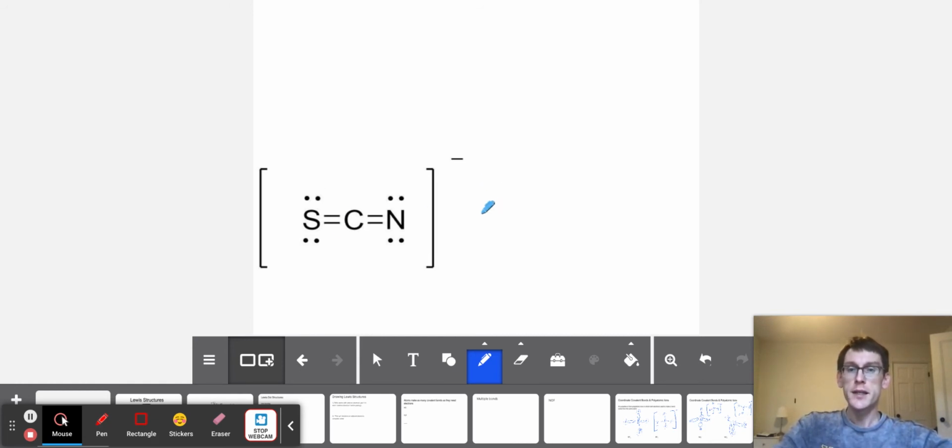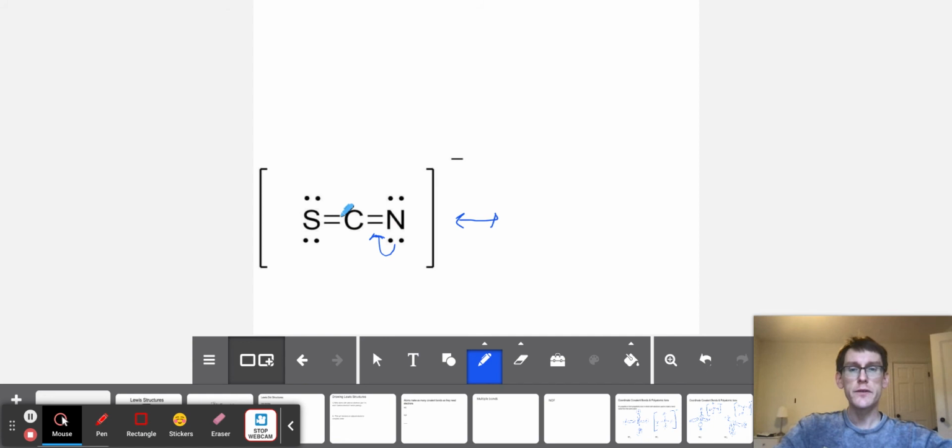In the case of the thiocyanate ion, what we could do, knowing that nitrogen can form three bonds, is take the lone pair here and move it to form a triple bond between the C and the N. And that would be expanding the octet of the carbon, though, because we have 2, 4, 6, 8, and adding another pair would give us 10.